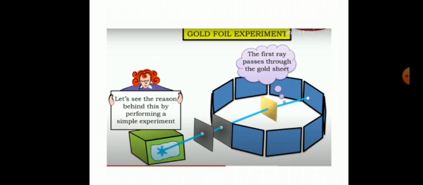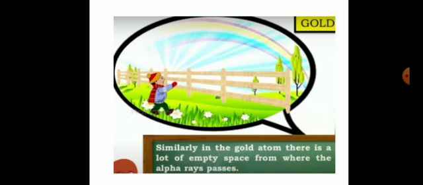When the beam of alpha rays starts, the first beam will pass through the gold sheet. So let us understand the reason behind this. Just imagine you are standing near a fence and you are asked to throw a stone towards the fence.